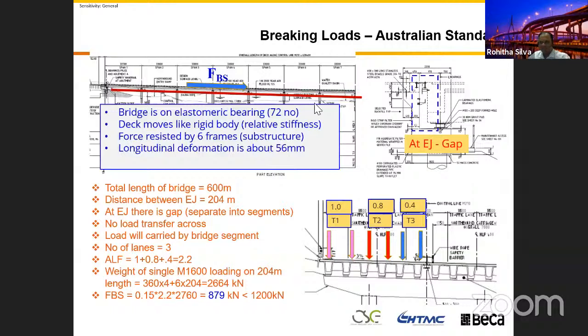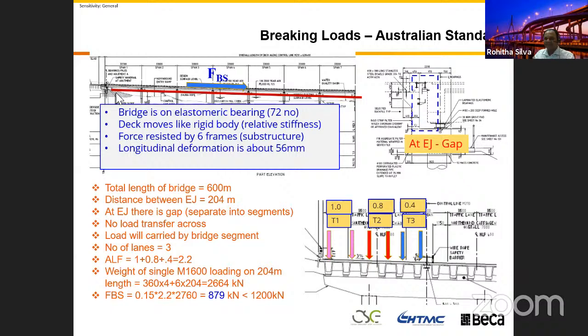It will move like a rigid body, similar to when we were doing the high-rise building model. Your floor behave like a rigid body, right? So then the rigid body movement, the applied braking force resists by the shear stiffness of 72 bearings, and the bridge will push like a rigid body.